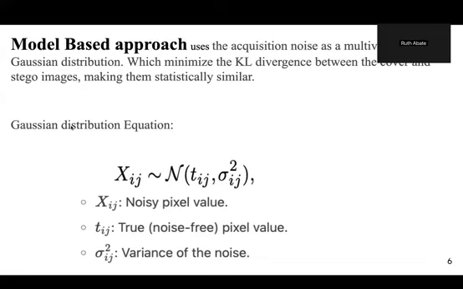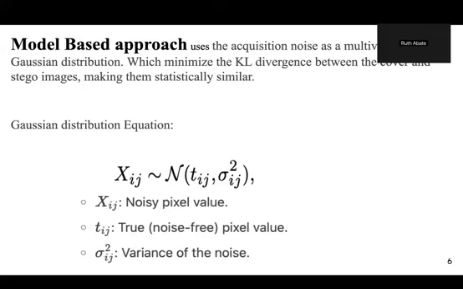X is the noisy pixel value, T is the true pixel value, and omega squared is the variance of the noise. So why Gaussian? Because many natural processes include linear noise. Following this distribution, it's a well understood and mathematically tractable model.